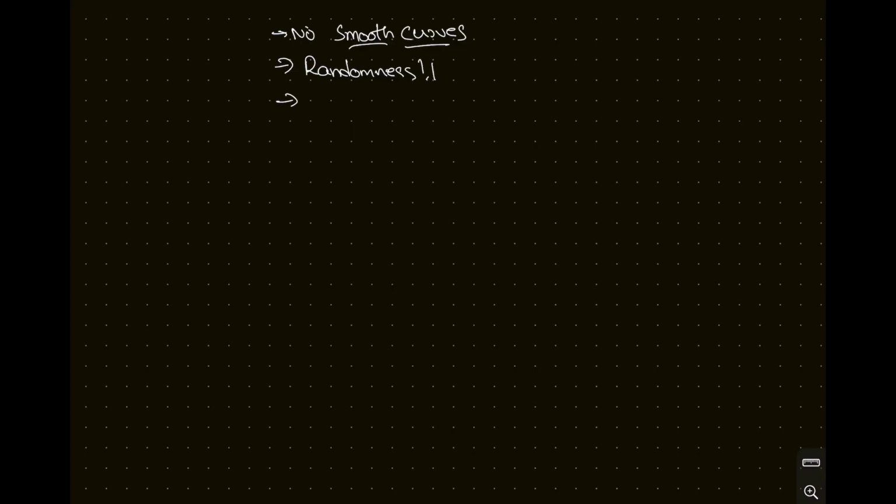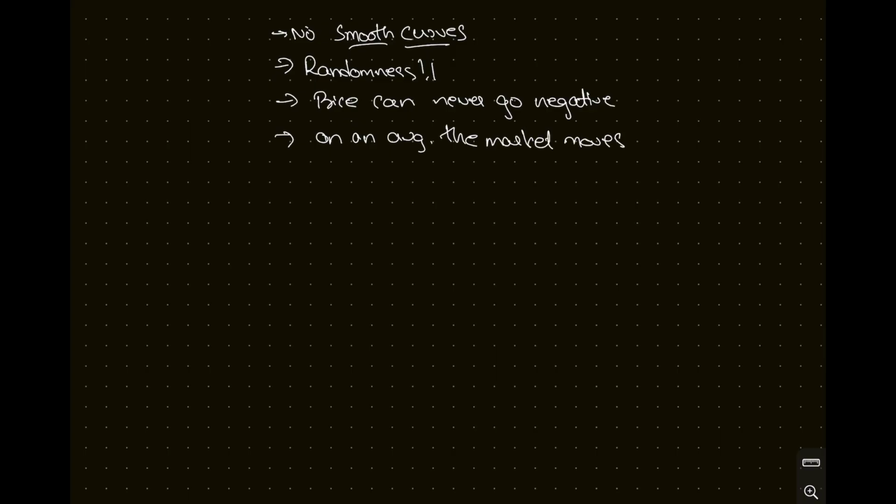And the third one is that whatever the stock is, the returns can go negative, but the price of a stock can never go negative. And we have an idea roughly that on average, the market moves up as time increases. So that is what we have.